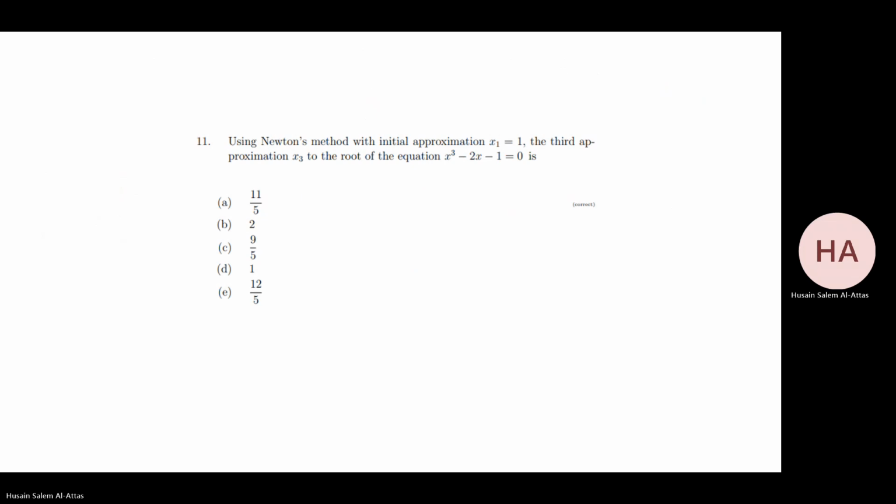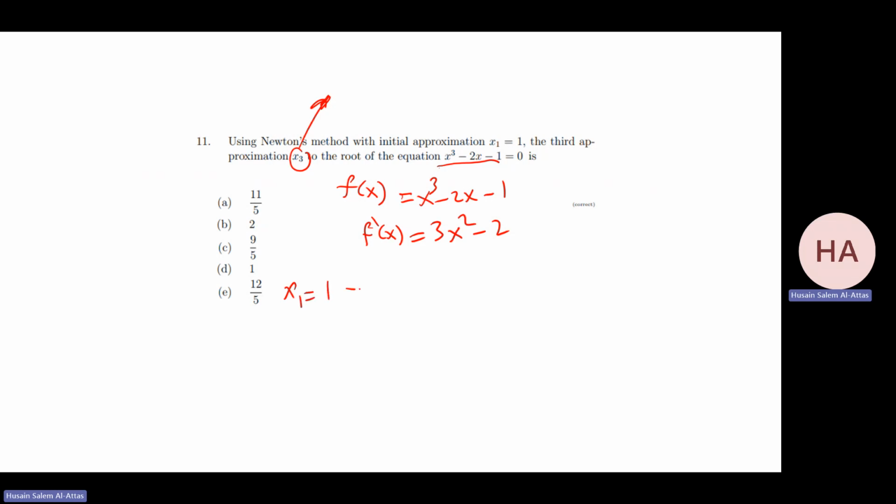Most of the problems are like this. This is my f of x. You want x3. f of x is x cubed minus 2x minus 1. f prime is 3x squared minus 2. And x1 equals 1.